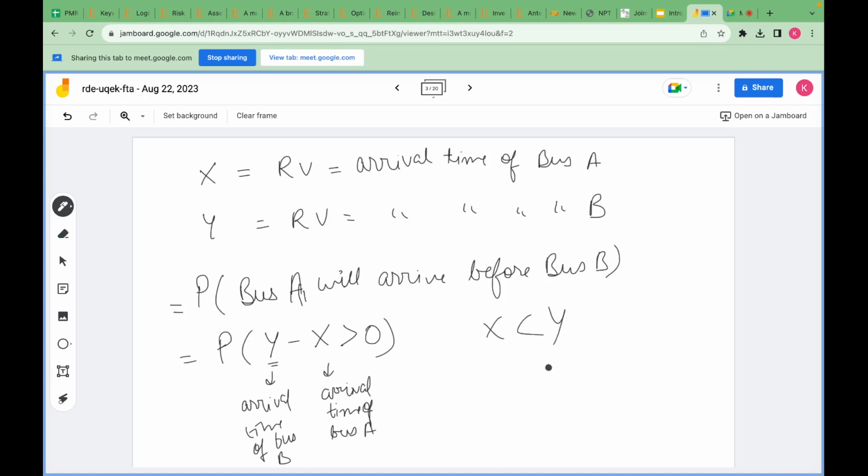So that's why it is converted to y minus x greater than 0, or we can write it like this.